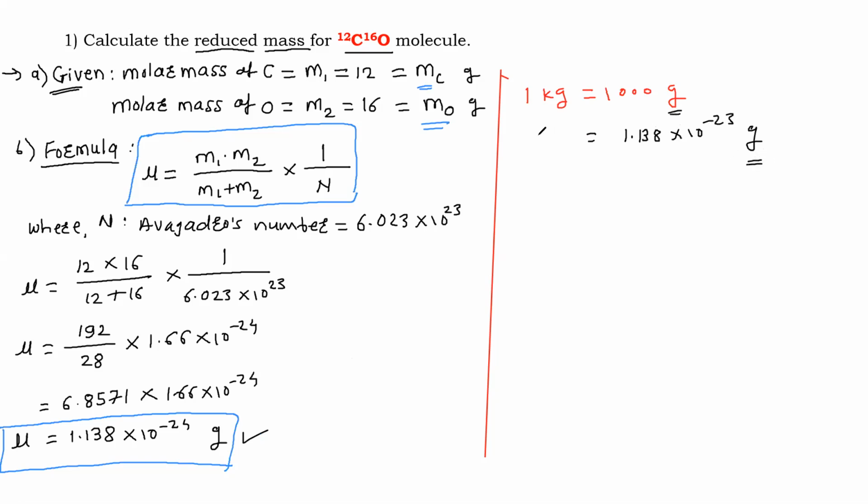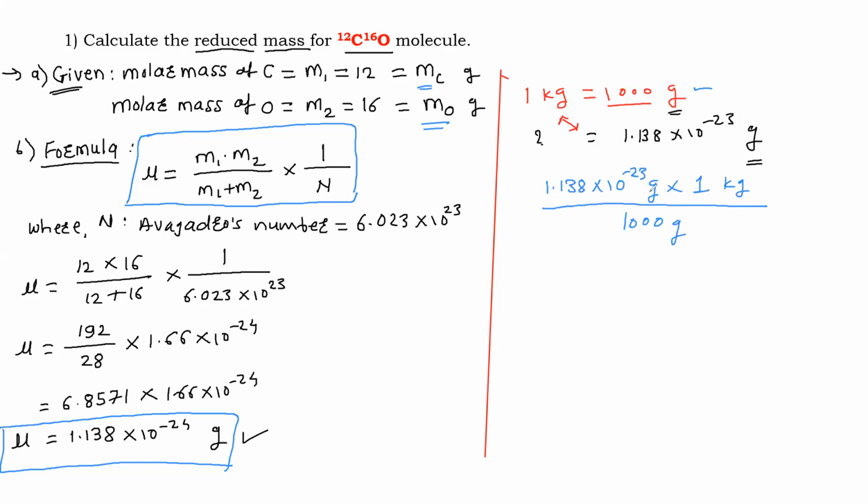You have to find out the kg here. How many kg? You just cross multiply these two terms, so 1 into 1.138 divided by 1000. You will get the answer like this: 1.138 into 10 raised to minus 23 gram, multiplied with 1 kg divided by 1000 gram.